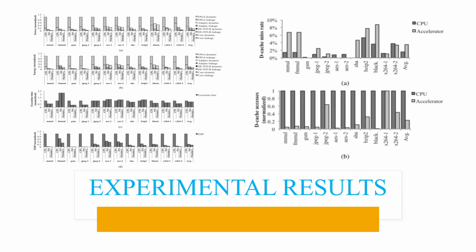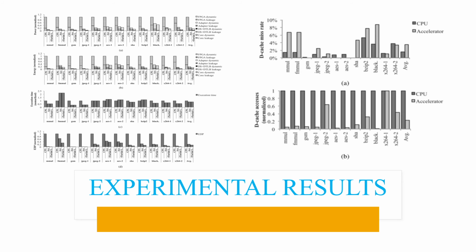They compare the power, energy, performance, and ADP of the CPU core and the FPGA accelerator when running the same function. The first two parts are marked as CPU and ACC. In the figure, the CPU is CPU only, and the FPGA accelerator is CPU plus ACC.